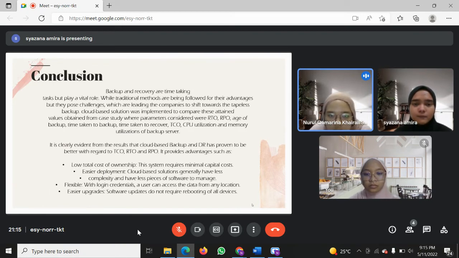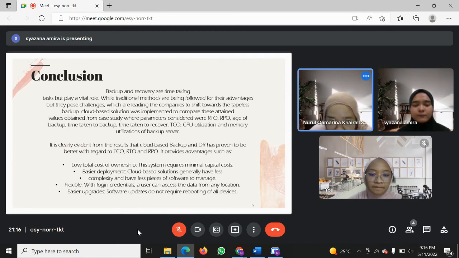A cloud-based solution was implemented to compare the attained values obtained from the case study, where parameters considered were RTO, RPO, age of backup, time taken to backup, and time taken to recover, CPU utilization, and memory utilization of the backup server.